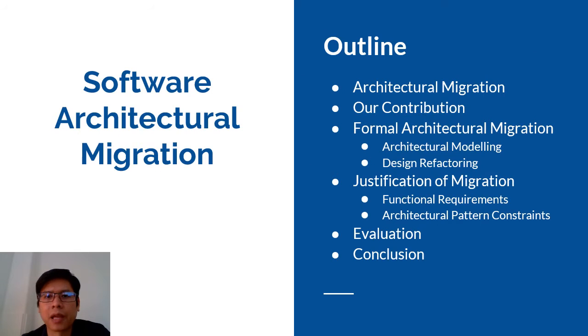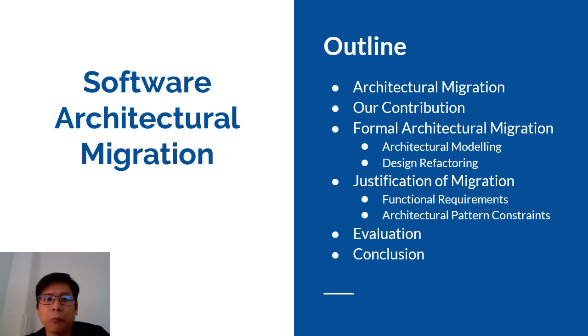So today I'm gonna start by discussing the motivation of this paper regarding the architectural migration, and then I will present the highlight of the contribution of this work. As this work is based on the formal techniques, we will firstly look into how we formally define the software architecture design.